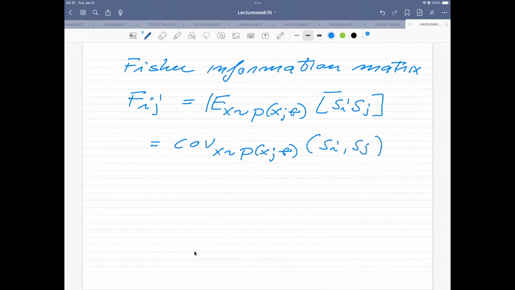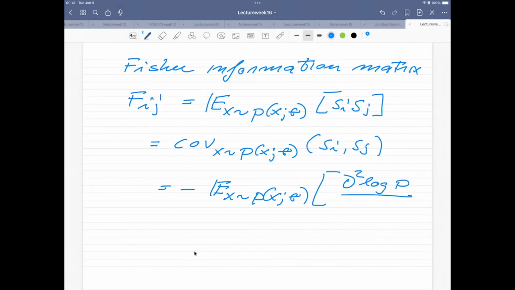This is typically often the way you write the covariance. And this is the same as the expectation value of X, of P of X, of theta. And then it's given by the second derivative of log of the probability with respect to theta i and theta j, the parameters which we're optimizing.